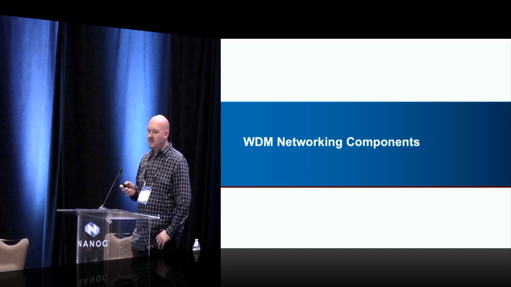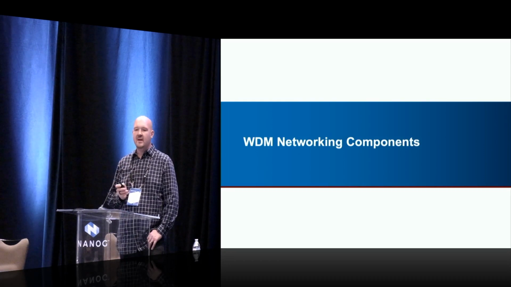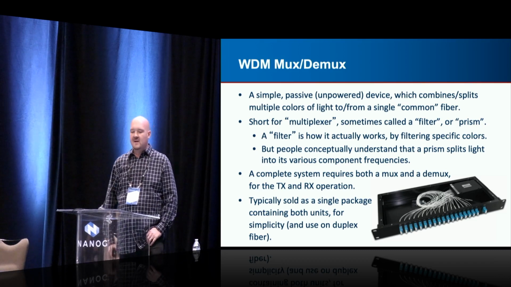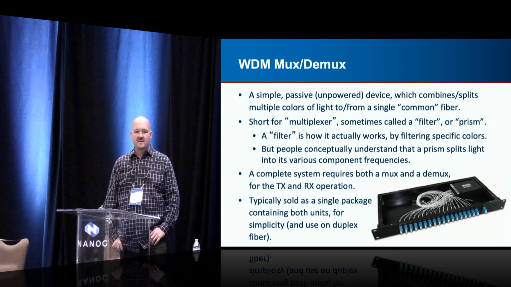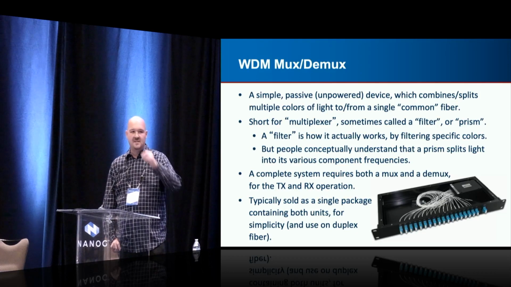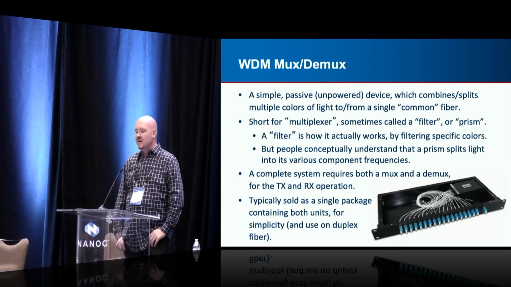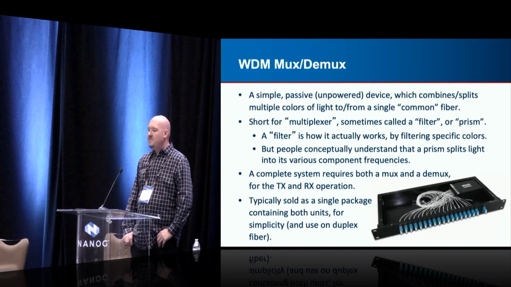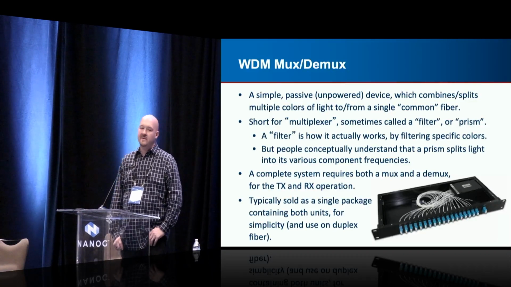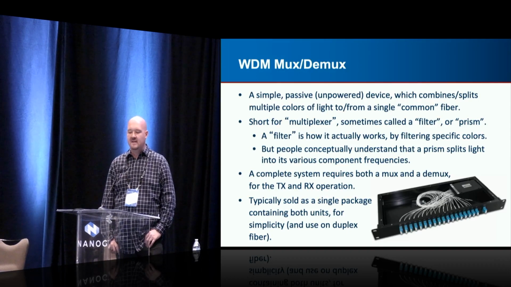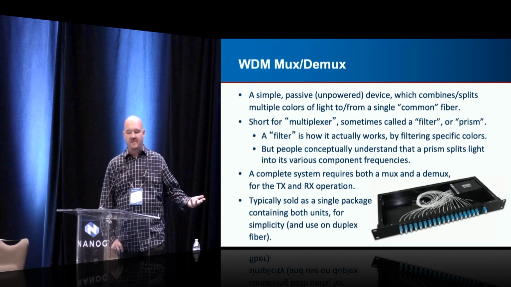So now I'm going to talk a little bit about WDM networking components in general. I just talked about it a little bit, but a mux and a demux. This is probably the single simplest, easiest, most basic thing that you'll see in a WDM system. It is a passive, unpowered, generally uncooled device that combines or splits multiple colors of light into a single common fiber or fiber pair.